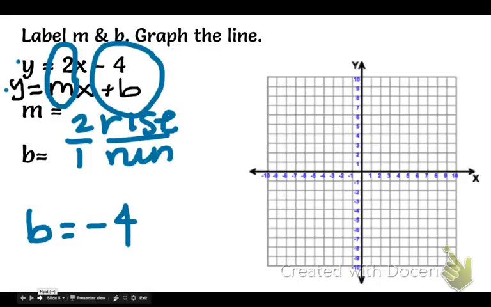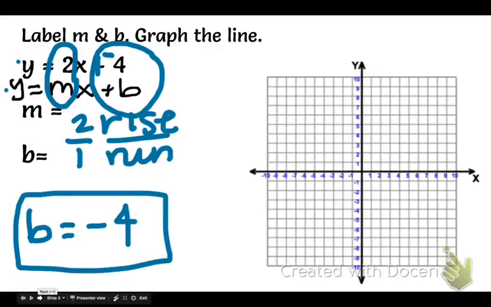Just a reminder, if it says -4, just remember that that can also be considered plus a -4. I think of my y-intercept as the place in which I'm going to begin graphing. I'm going to find -4 on the y-axis. That's the axis that goes straight up and down. So here's -4 on the y-axis.